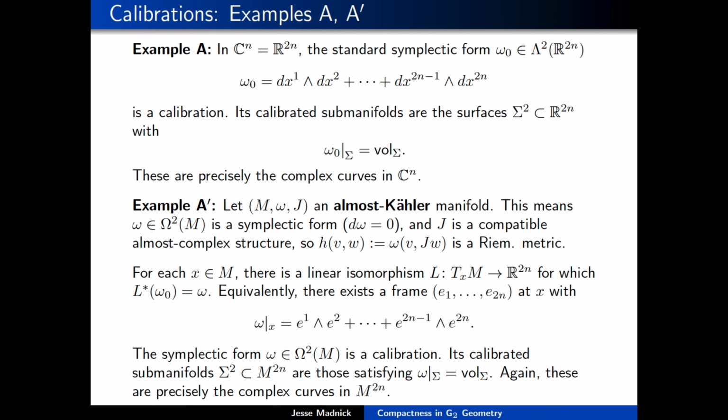So it follows that omega has comass 1, and the symplectic form omega is a calibration. Its calibrated submanifolds, by definition, are those surfaces with the condition that omega restricted to sigma is the volume form, and again, these are precisely the complex curves in M^2n. Notice that example A is the flat version of example A prime.